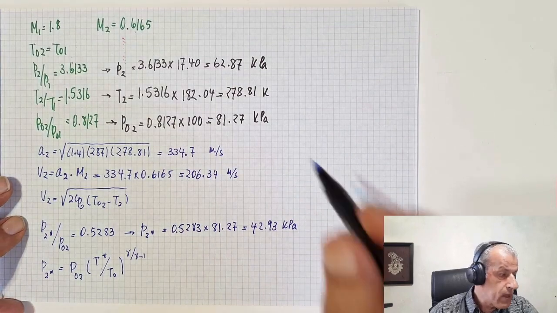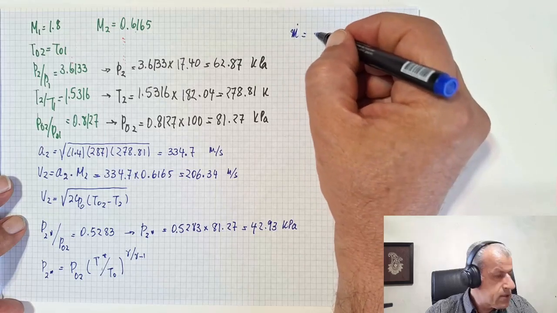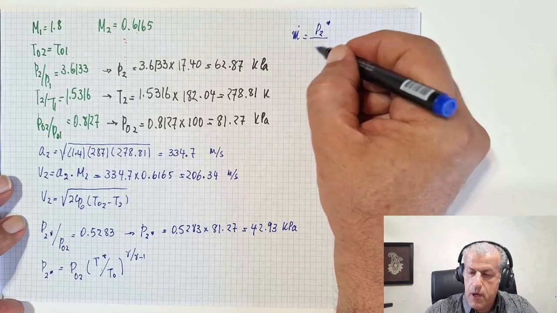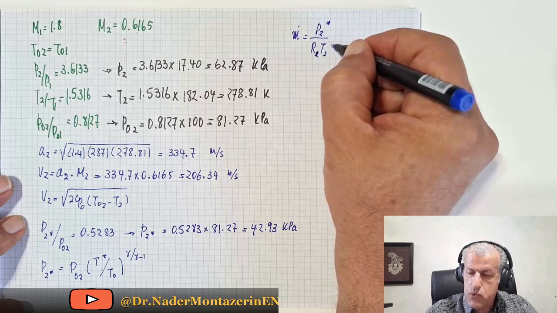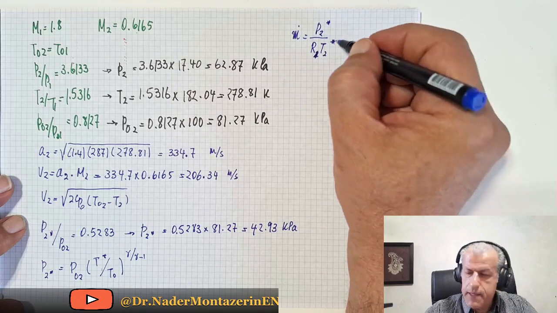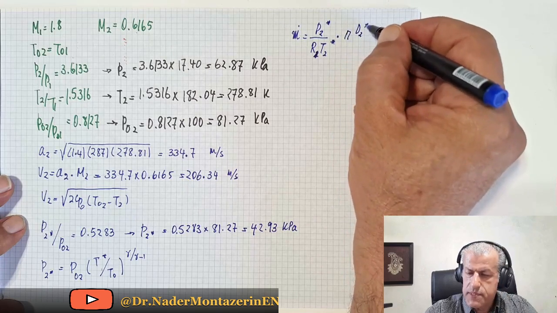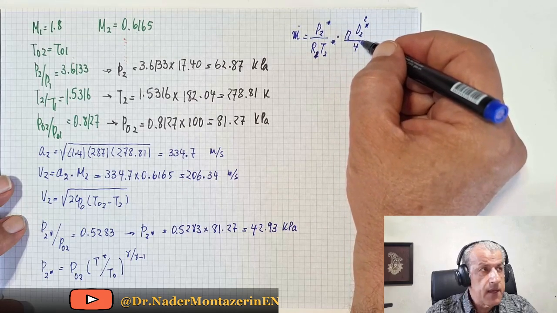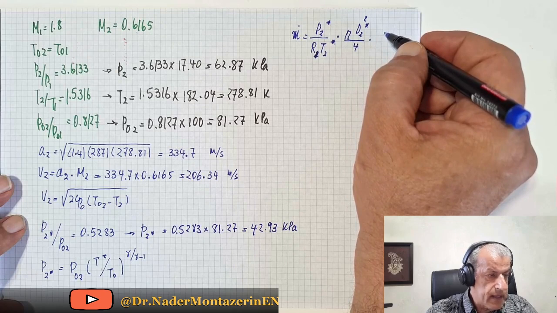The equation for us is m dot equals P2 star divided by R, which is the same, times T2 star, times pi D2 star squared over 4, which is the diameter of the second throat, times velocity, which is V at the second throat.